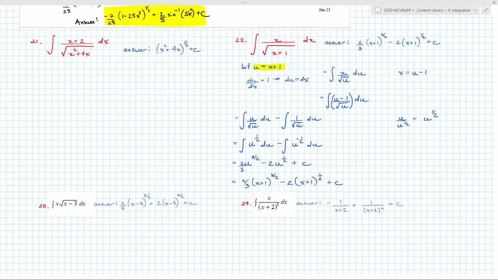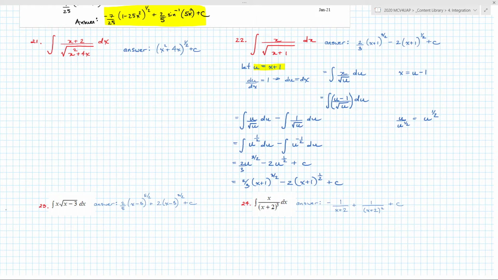So for instance, number 23, you would have to do sort of the same way. Your choice for u would be x minus 3. So does anybody want me to do one of these other ones? Do you want me to do 23 just so we get the idea of what's happening here, or are we good with that?